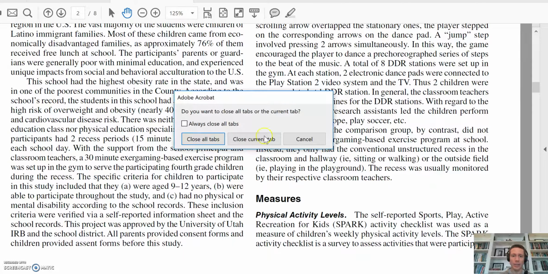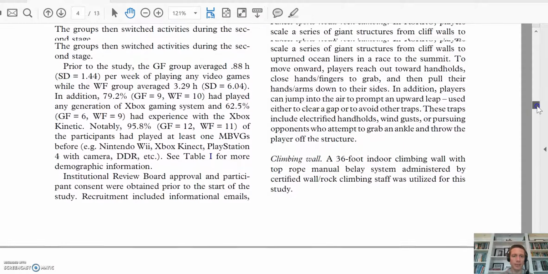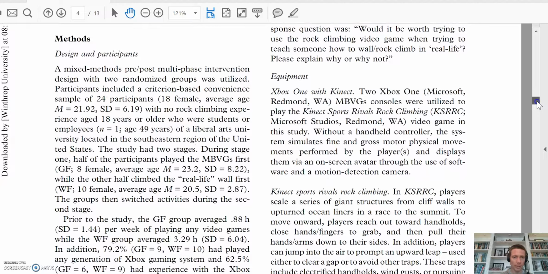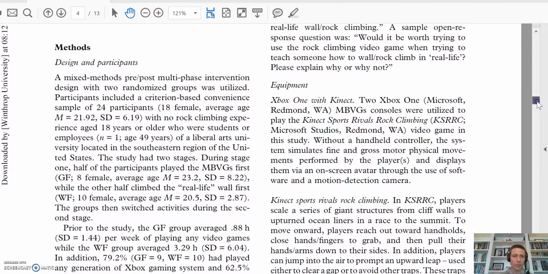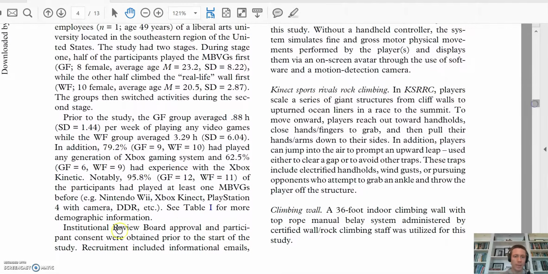And then let's take a look at one last one, which is one of my studies here on motion-based video games and rock climbing. So here we describe the design of the study, the participants, and talk a little bit about the demographics of the participants, but then we start here. Institutional Review Board approval and participant consent were obtained prior to the start of the study.